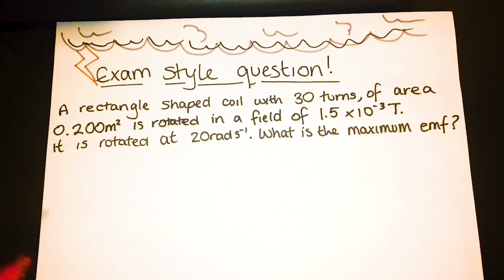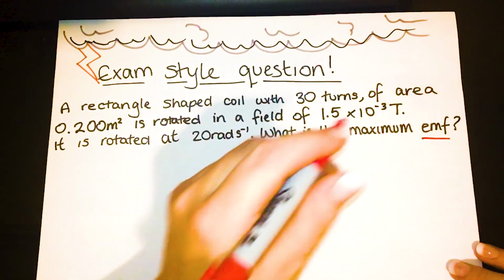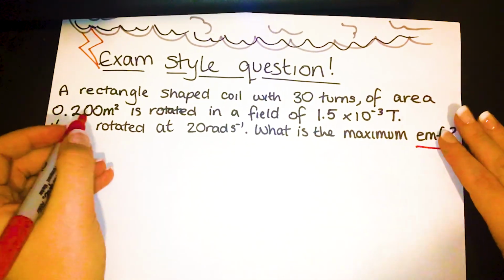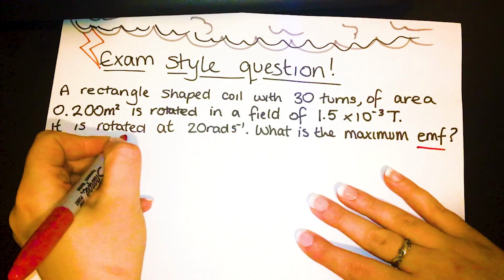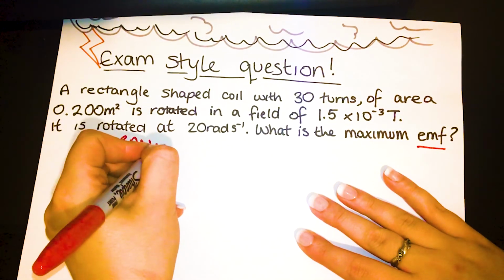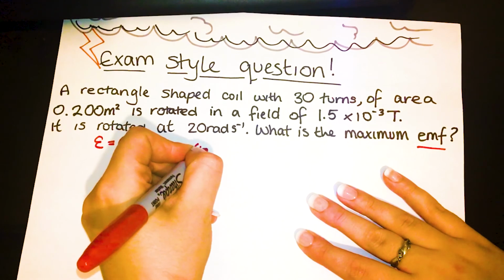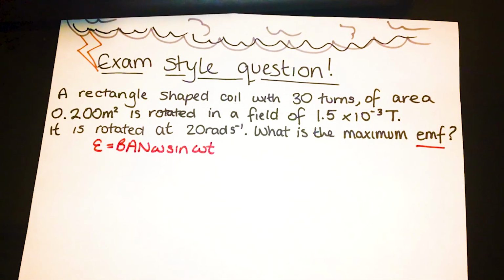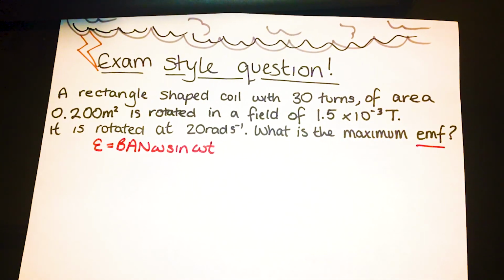Now, we would go about this straight away. EMF, we know we're going to be using the following equation. You know you're going to be using that one because that's the one for EMF. So now all you've got to do is substitute in the values you know.